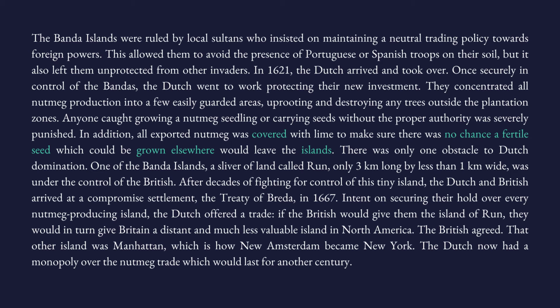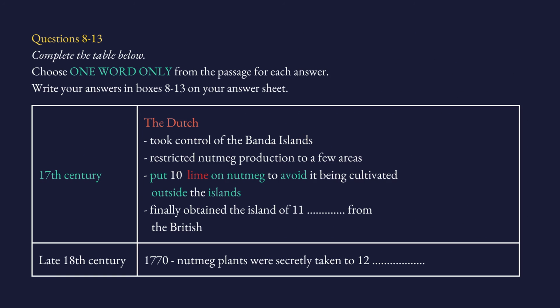We understand this from fertile seed, grow elsewhere, an island. So what did they do? All exported nutmegs was covered with lime to make sure there was no chance a fertile seed which could be grown elsewhere would leave the islands. So the answer is lime. Basically, they were putting lime on the nutmegs and they were using it as a cover.